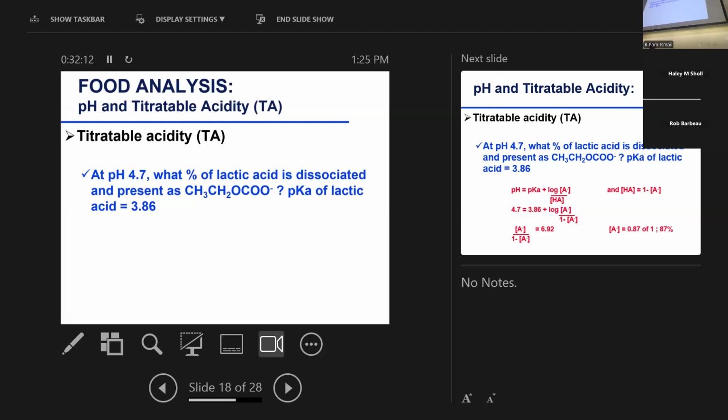All right. Then this will be equal to log. If I'm calculating A minus, the concentration, I can just put this bottom one with rearranging that equation. So I'm solving for A minus. That would be the log of A minus over 1 minus A minus.